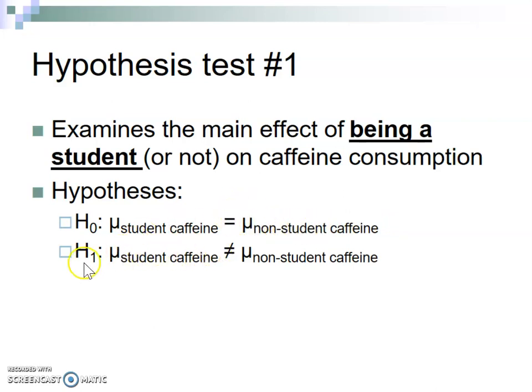So we're hoping instead for support for our alternative hypothesis, which is that students consume a different amount of caffeine than non-students. These are the two competing hypotheses, but the one we're directly testing is our null hypothesis.